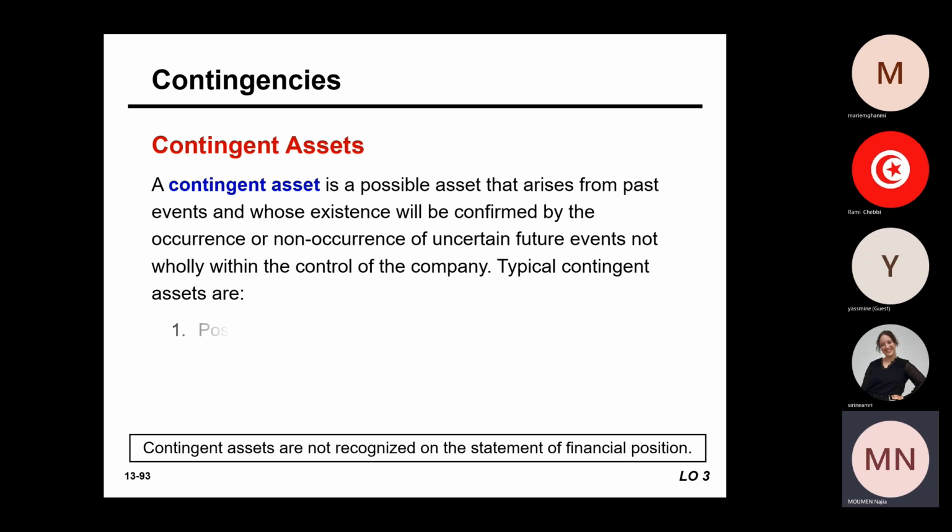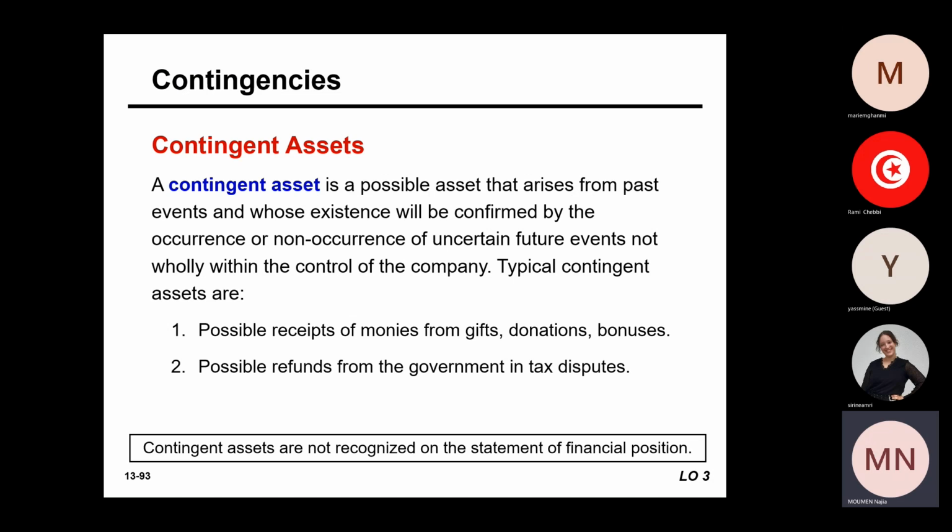that are out of the control of the company. So when we talk about possible receipts of monies from gifts, donations, bonuses, possible refunds from the government in tax disputes, pending court cases with a probable favorable outcome, etc., they are contingent assets, and they should not be recognized on the statement of financial position.